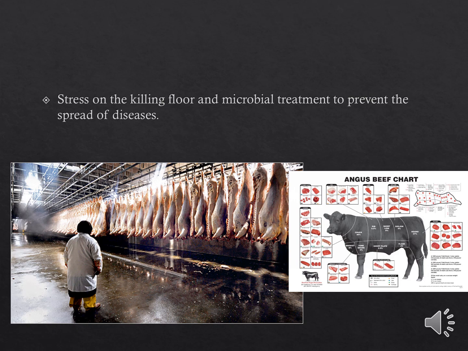Adrenaline into its body, and that can make the meat taste very different. So you have this design to reduce stress, and then you have a steel bolt into the head of the calf, and the calf is hung by its feet, and the throat is cut to bleed it, and the skin is removed. Now, that bolt doesn't always kill the animal.